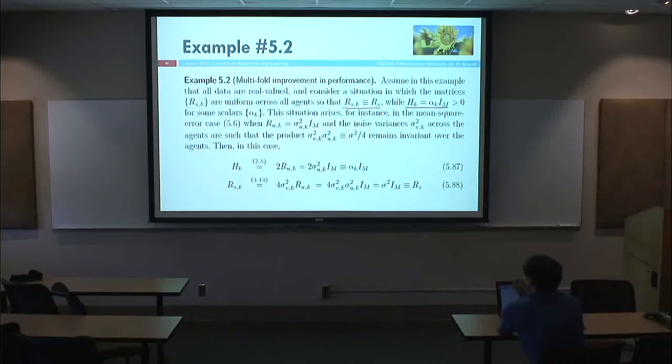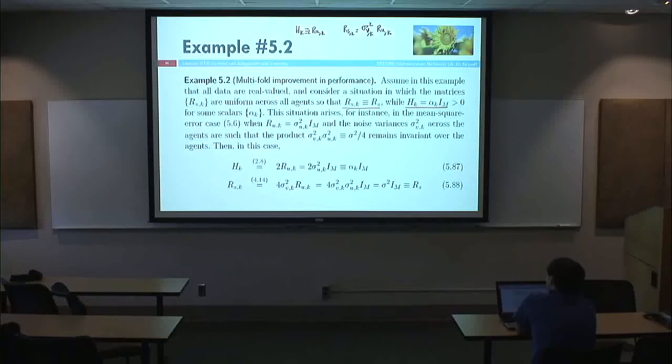For example, this situation comes up in the mean square error case, because in the mean square error case, what was the HK? The HK was RUK, or 2RUK. And the covariances of the noises, I think in the real case, it was something like sigma VK squared RUK. This is what you have in the mean square error case.